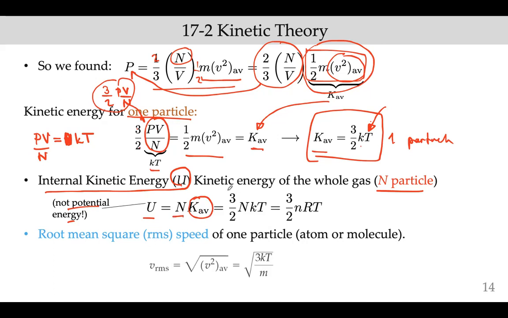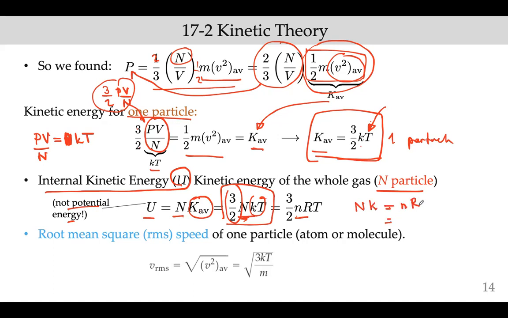So this was 3/2 kT that we found here. Now I have to multiply by n. So this is the total kinetic energy or internal energy of the gas. Now instead of nkT, you can also write lowercase nRT. Why? Because Nk is equal to nR.